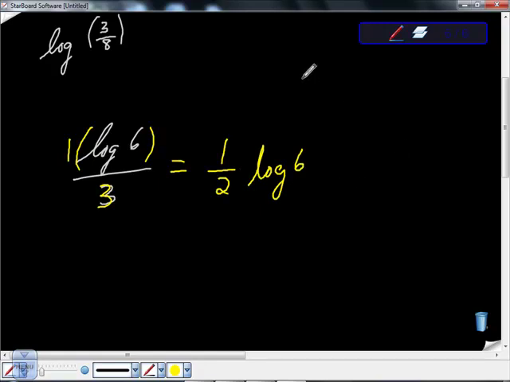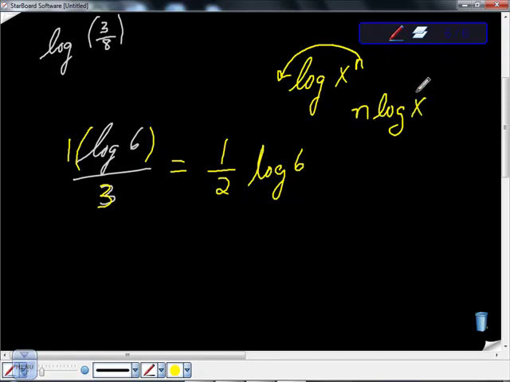Another property of logarithms suggests this to us: if we have the common log of x to the n, we're allowed to bring the exponent to the front and make it n log x. Well, the reverse is true also. If we can roll this backwards, we can also roll it forward, and that's what we have here.